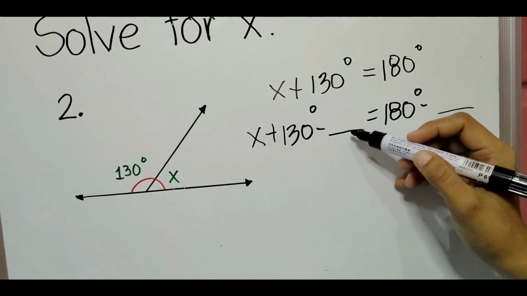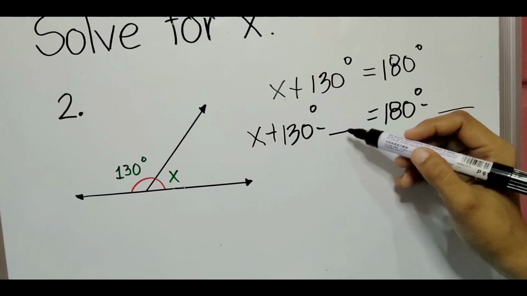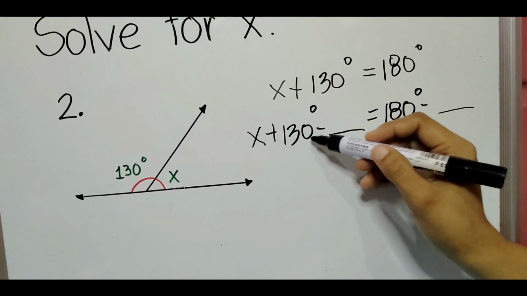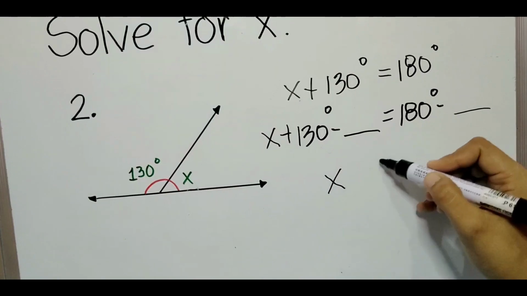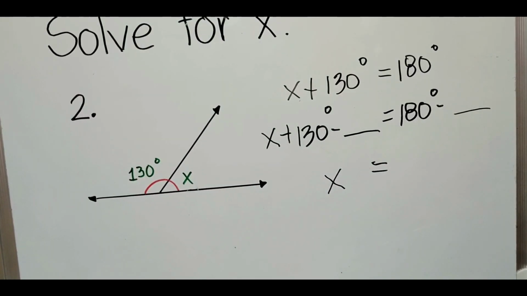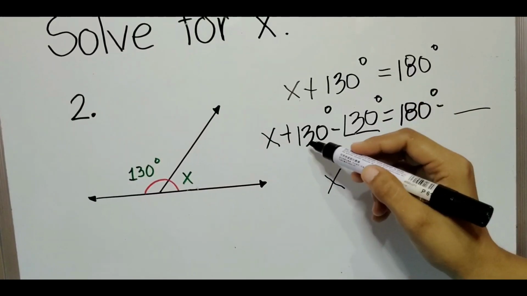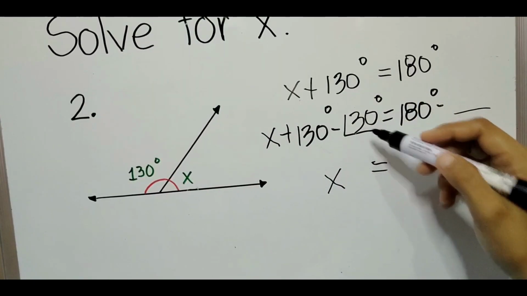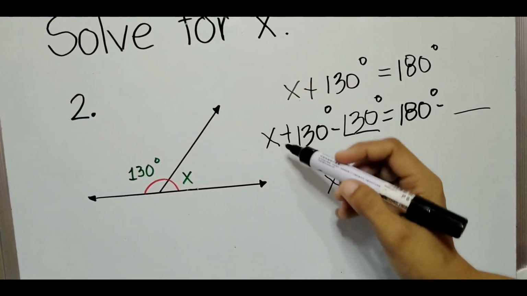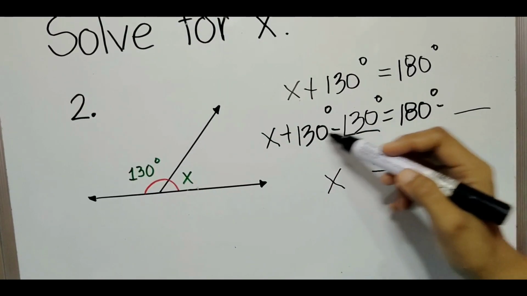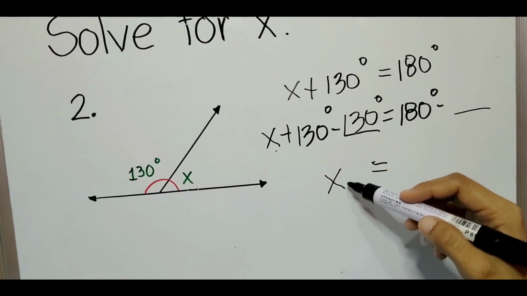So what number will we subtract, making this equal to 0 so that x is alone on this side? Correct, 130 degrees. 130 degrees minus 130 degrees equals 0. So, what will remain on this side of the equation is x.